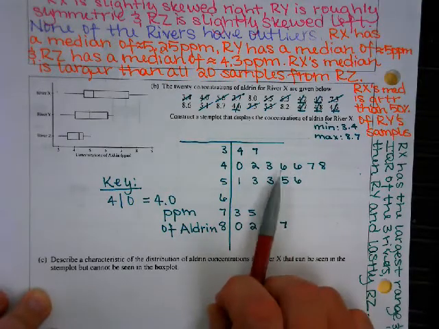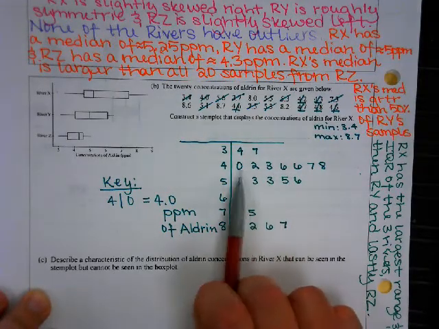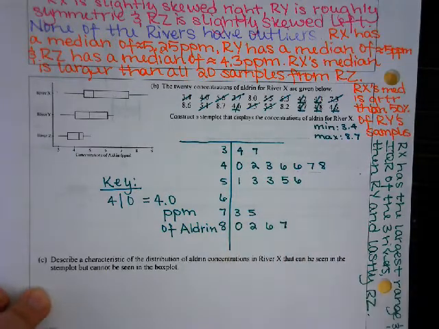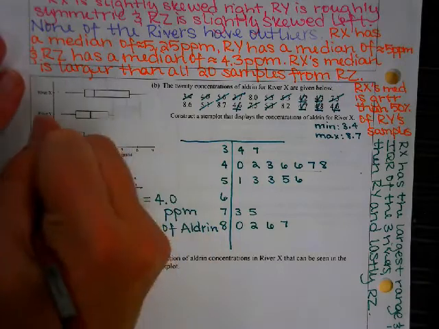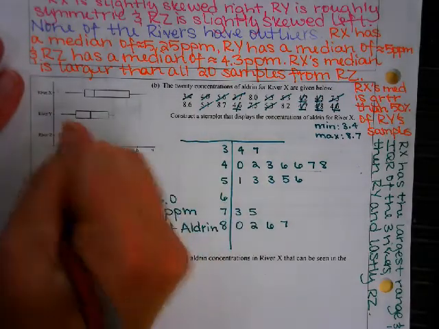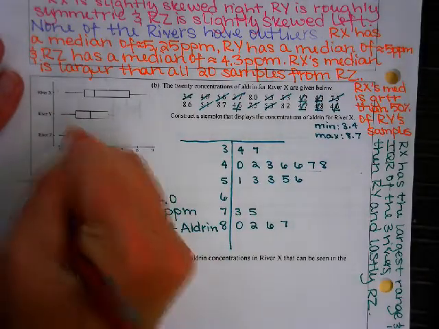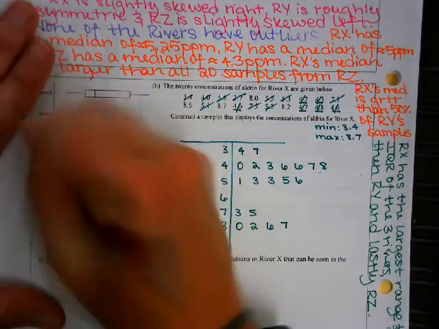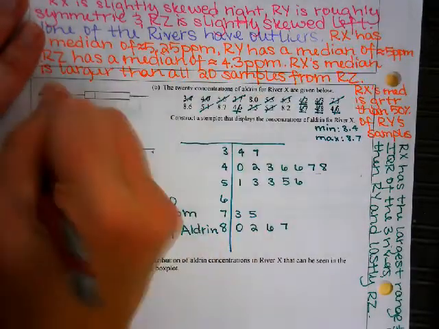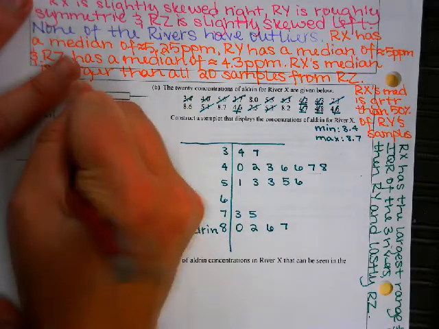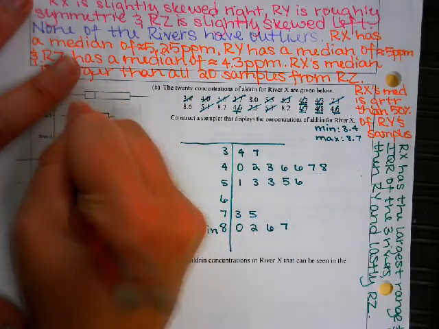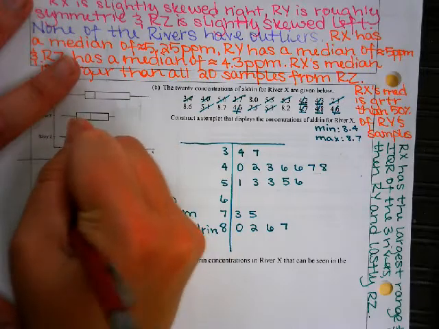If I did it really quickly, just so we can compare the two, 3, 3, 4, that's not going to fit there. 3, 4, 4, 5, 5, 6, 6, 7, 7, 8, 8.